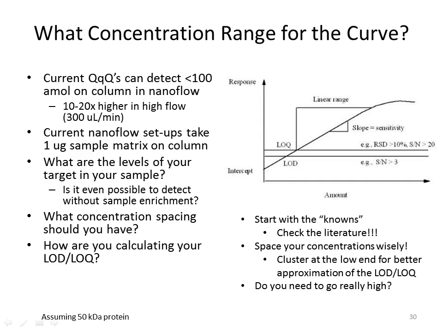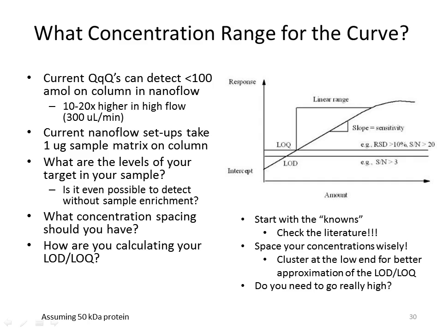But here, for limit of detection, the question is how low should you spike your samples. Again, current state-of-the-art triples can detect less than 100 attomoles on column, and some of them, depending on the sample matrix, can go down to tens to 1, and it's about 10 to 20 times higher at higher flow rates.